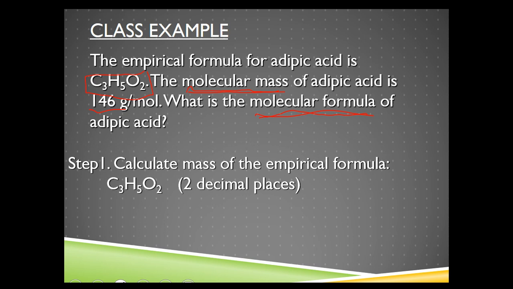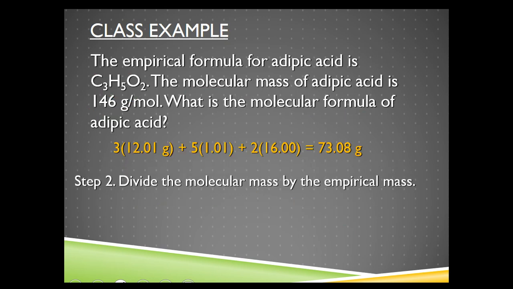So step 1, calculate the mass of the empirical formula. Make sure you keep 2 decimal places for this, all right? So we've got 3 carbons, 2 decimal places. We've got 5 hydrogens, 2 decimal places, and we've got 2 oxygens, 2 decimal places. So this is my mass for my empirical formula, okay? Step number 2, I'm going to do molecular mass divided by empirical mass, or big over little, okay?